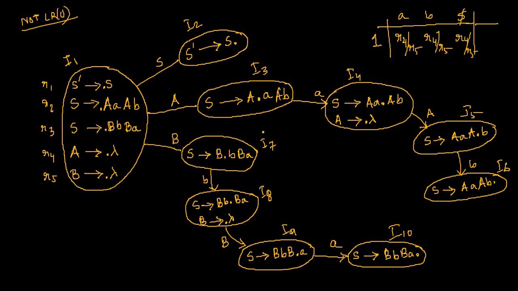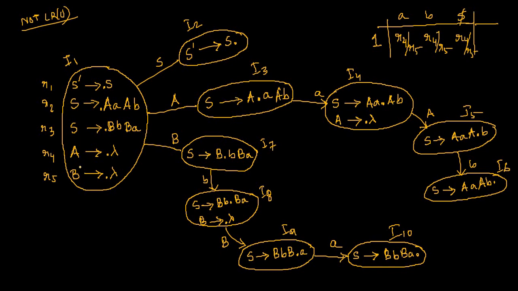So now see, among all these different states, the important one is again state number 0. Let's see what will happen here. With respect to the SLR1 table, I know that you cannot put this reduce move in all columns. Rather, you have to put the reduce move in the follow of the left hand side.